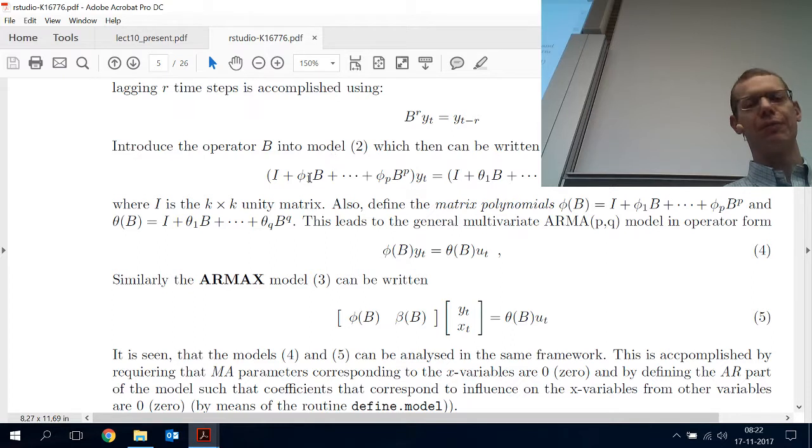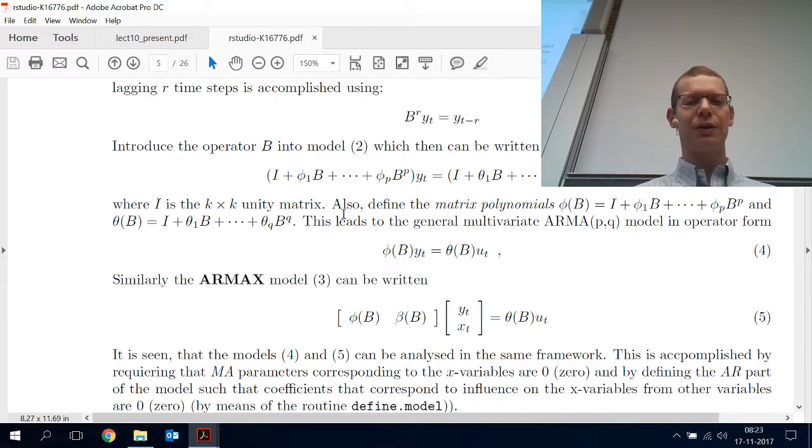We have the lag b on the phi1 and b squared on phi2, but we have the identity matrix here first. So in order to represent the entire polynomial, if you wanted to do operations with the polynomial, say invert it and stuff like that, then it's important to have the identity matrix in front.